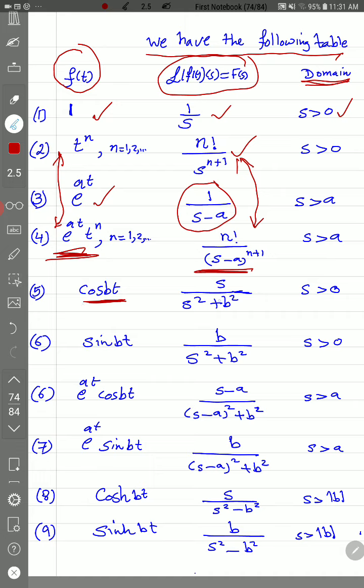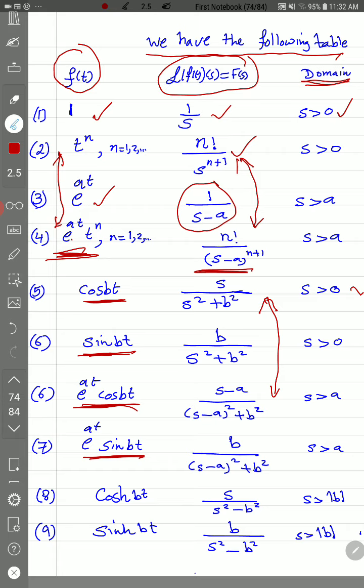Cosine will be s over s squared plus b squared, and the domain will be s greater than 0. If you go for sine, see the difference between sine and cosine. Here you have s for the cosine. For the sine you have just the constant b over s squared plus b squared. And then it's mixed with exponential, sine with exponential and cosine with exponential, which are more general than this one, as I said.